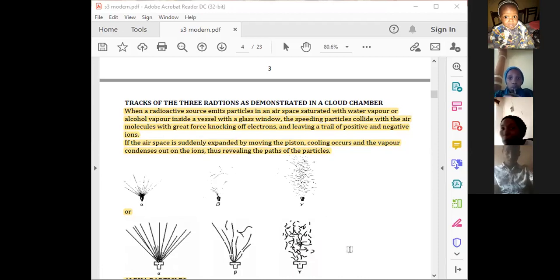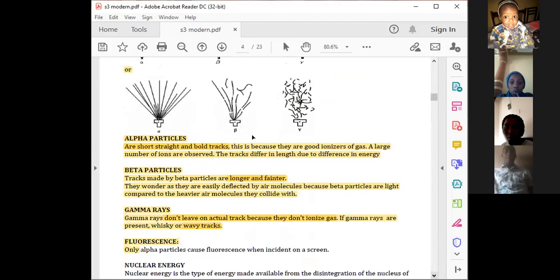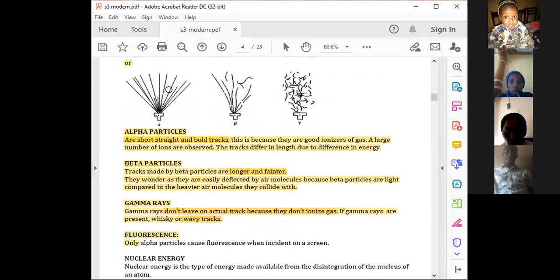So what we need to focus on is here. According to this diagram, this is for alpha, this is the beta, and then this is the gamma. Look at the gamma, the tracks are waxy.